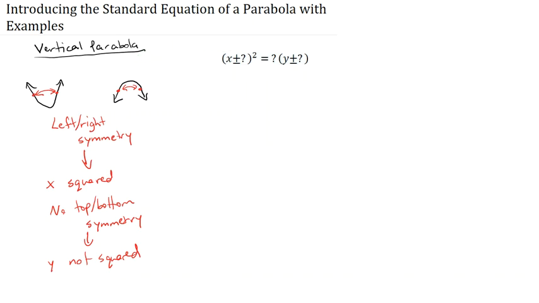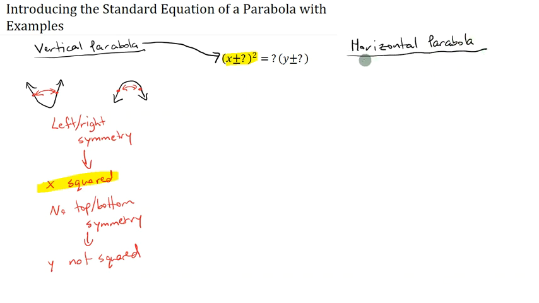I know it looks complicated, but the idea is that x is squared and the squared part's by itself. You notice that you've got x plus or minus in parentheses and y plus or minus in parentheses. That's huge. If you can recognize that, then the only thing left to have is the squared part by itself. The y part may not be by itself, it may be multiplied by some number.